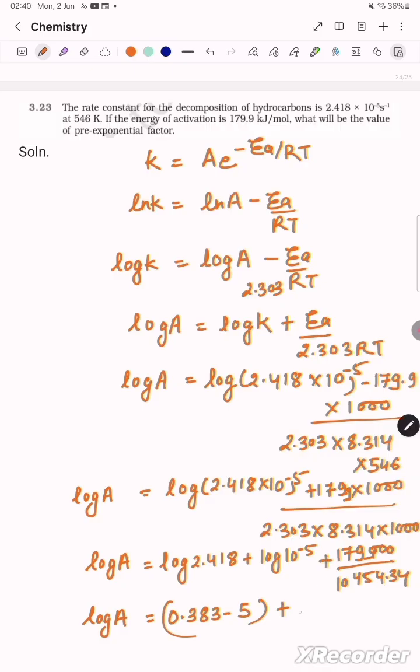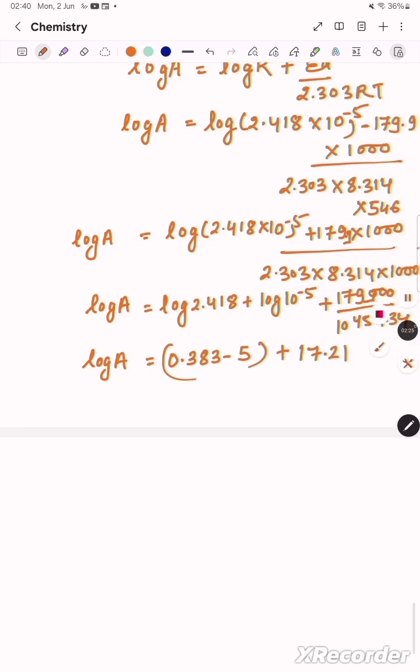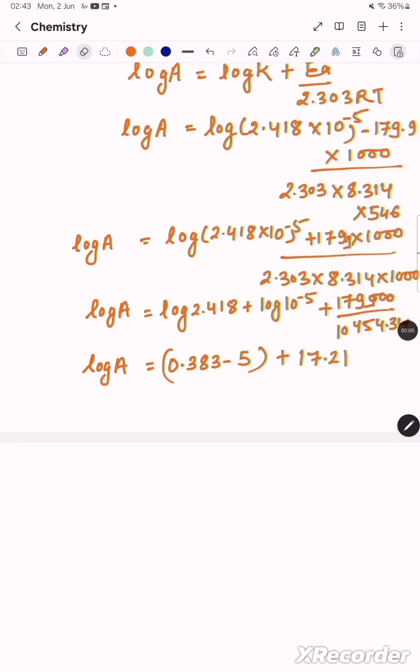Now after calculating, it will become 17.21. Now log A is equal to 0.383 minus 5 plus 17.21.